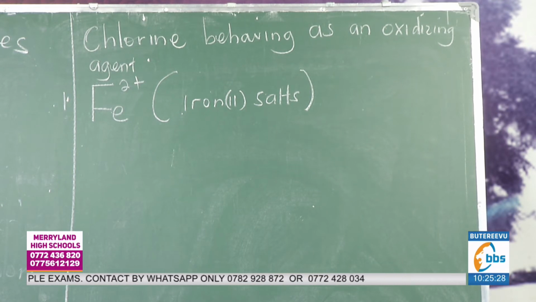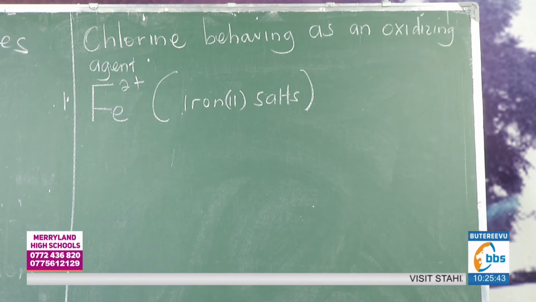And what will happen to chlorine itself? It will be reduced to chloride ions. Iron 2 salts can give you iron 2 chloride solution. Remember, iron 2 salts in solution form are pale green, and iron 3 salts are yellow in color.